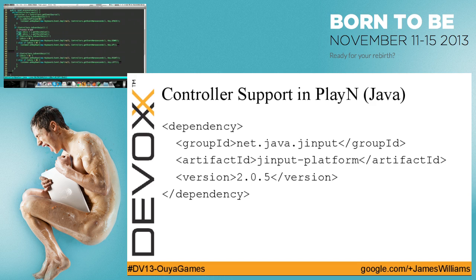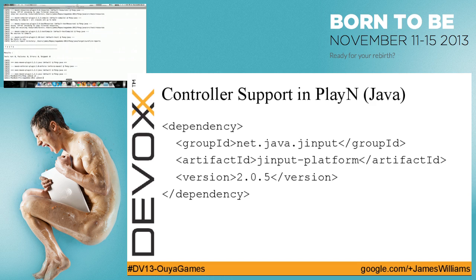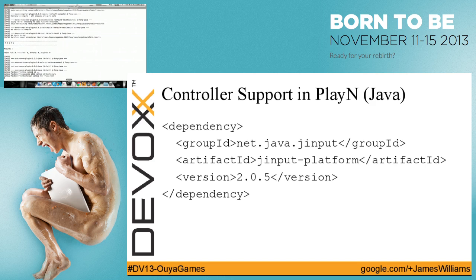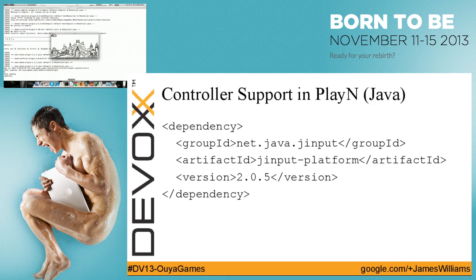So if we go and look at the code, look at a demo for that, we can see. Okay, so when we first run it, we can see that we can move around with the keyboard and shoot.